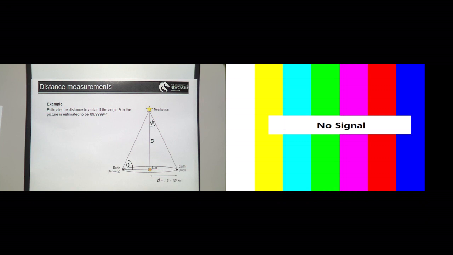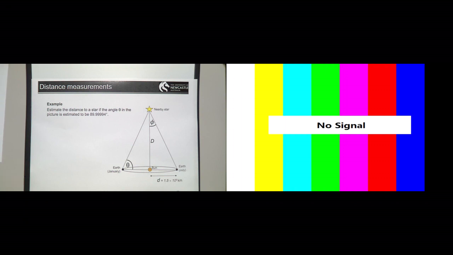So we're going to try and estimate, if we've got a given star and the angle theta in this picture is estimated to be 89.99994 degrees, then we're going to try and figure out what the distance is to the star.